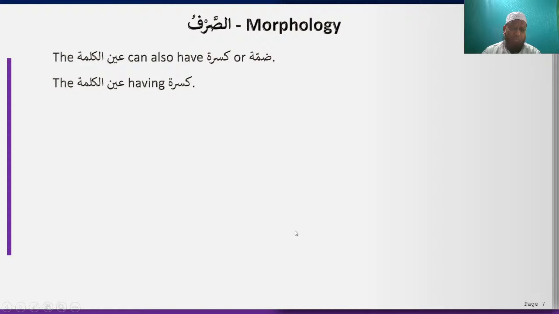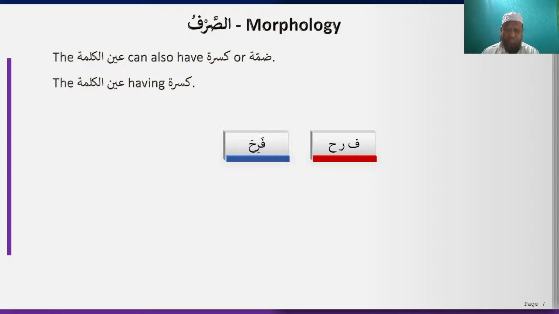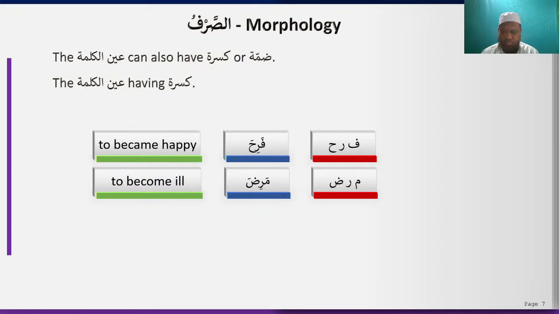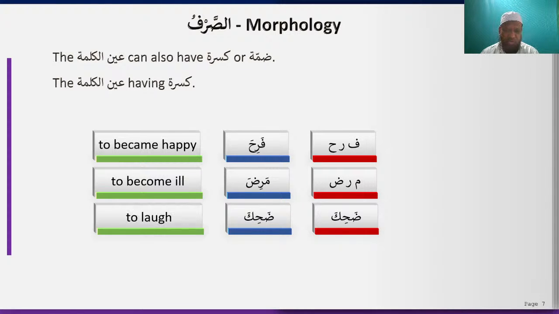Next, the عين الكلمة will have a كسرة. So فرح, to become happy or to be happy. ميم راء ضاد, مرض, to become ill. ضاد حاء كاف, ضحك, to laugh.